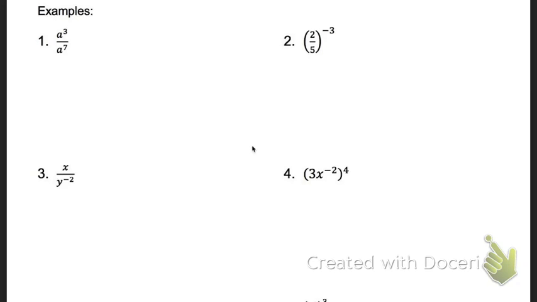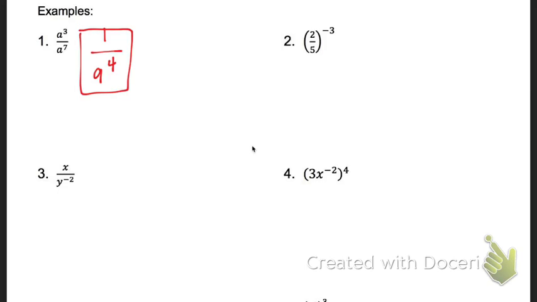So, since we subtract 3 minus 7, that's -4, so that means 1 over a to the 4th. We're so smart. To keep it positive, it's always going to side with the one that's bigger. So the 7 is bigger, so it stays on the bottom. So I always think 7 minus 3, like bigger minus smaller, but I know that it stays on the bottom because the exponent is bigger there. Number 2.